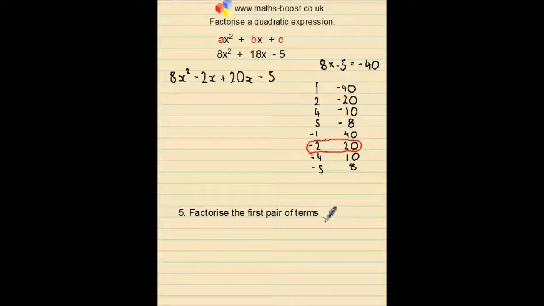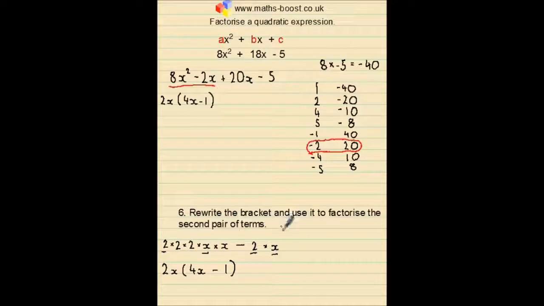Step 5. Factorise the first pair of terms. Step 6.